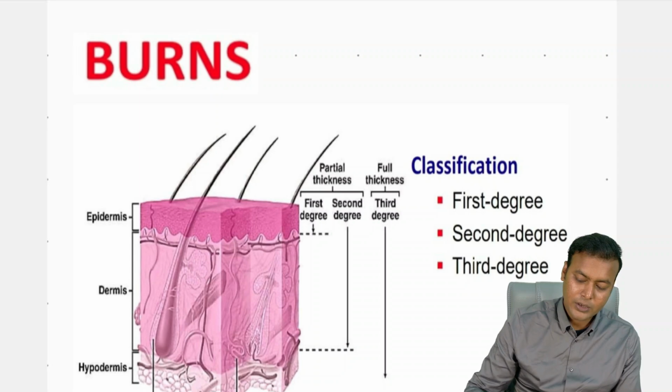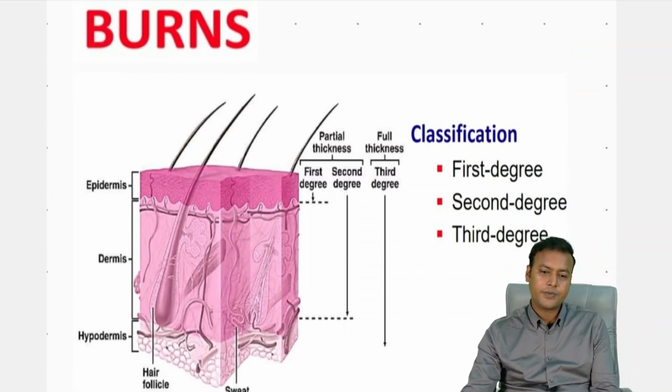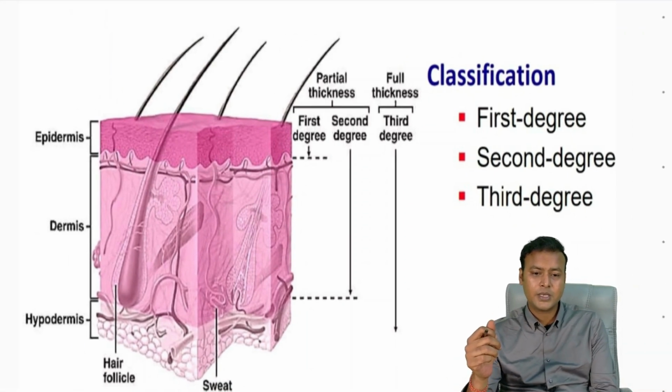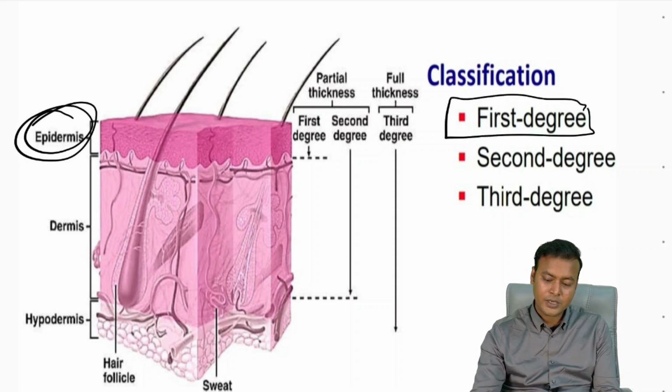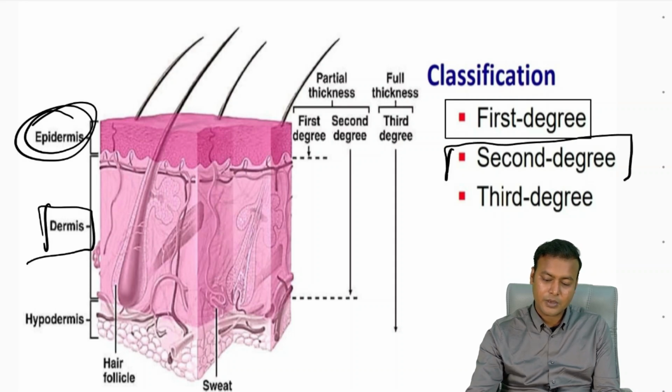Students, another important topic you should know is burns. How burns are classified. Now, what is a burn? When the skin is exposed to high temperatures, it is going to damage your skin. So, if only the epidermis is affected, then it is the first degree burn. If the dermis is also affected, it is the second degree burn.